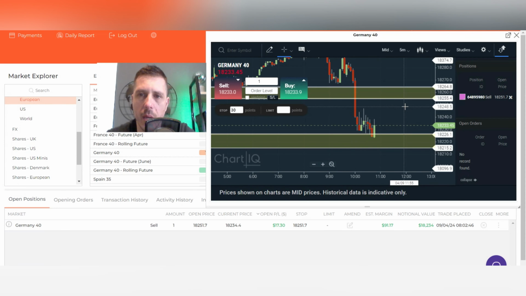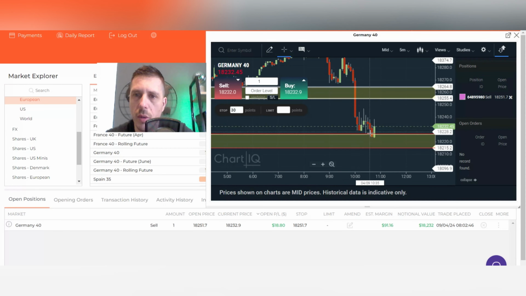But if you are a beginner, I suggest you, as soon as you get in, reaches the next key level, take your profit and wait for another opportunity, either for the break of this key level or the breakout of the next key level, right?